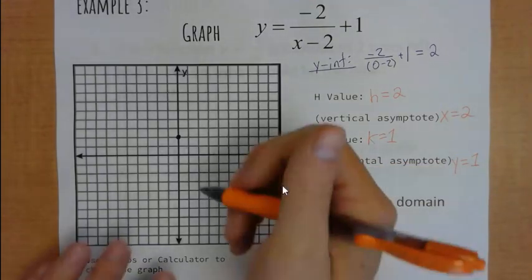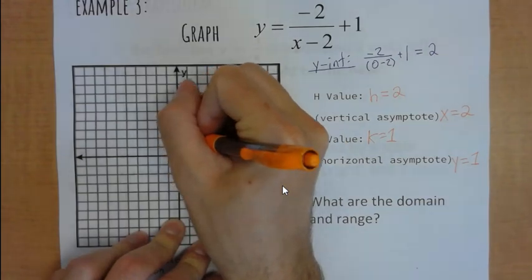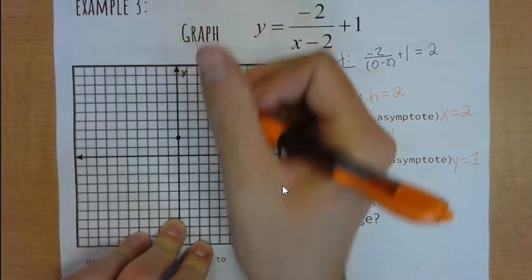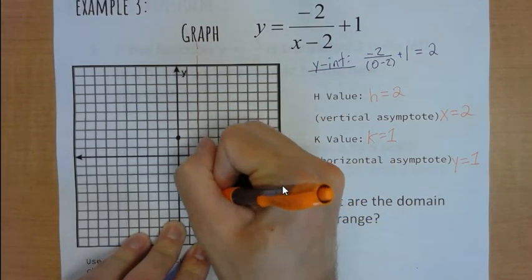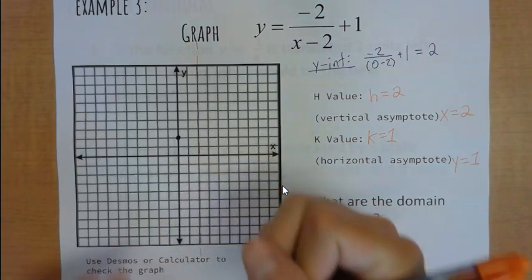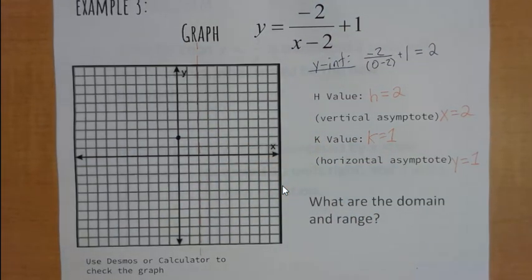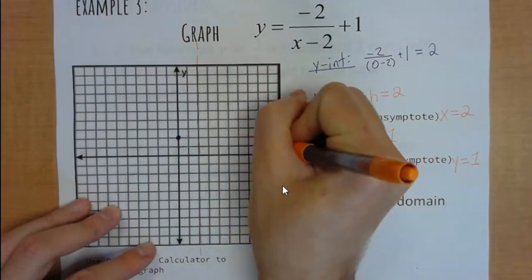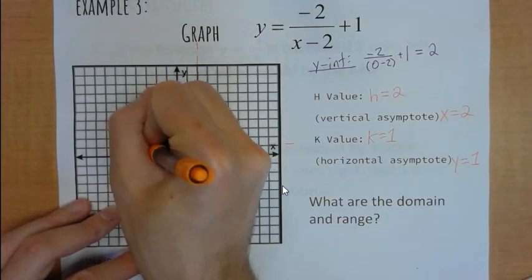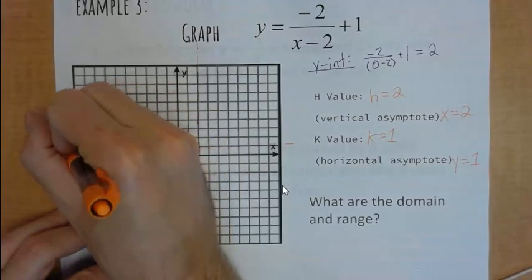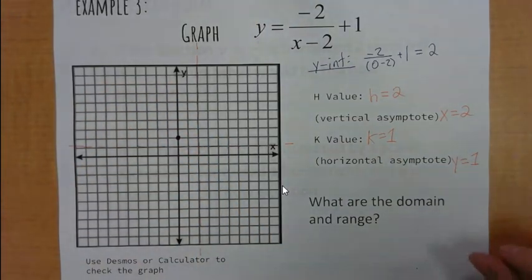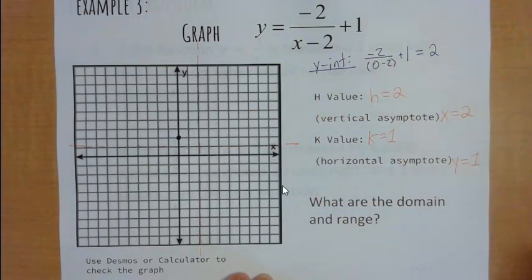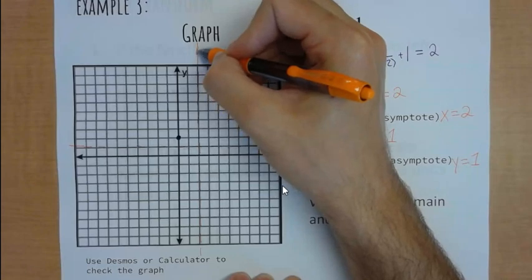So let's draw those in. So we have our vertical one at x equals 2, and then y equals 1. We can draw another orange dotted line at that right there. So you can see we have our horizontal one right here, and then our vertical one right there.